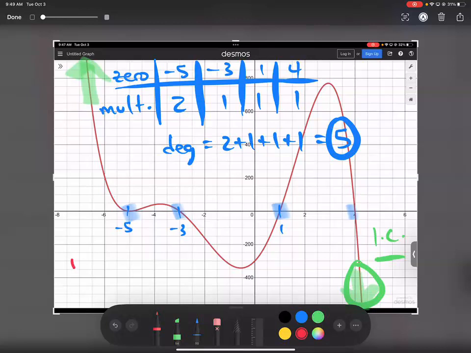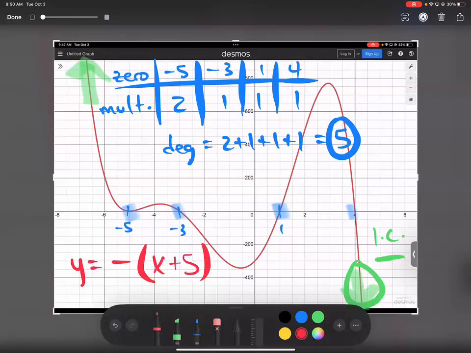So let's write it down then. Y equals negative. Each zero gets a factor, and each factor has a power according to its multiplicity, right? So x being -5 being a zero means that we get a factor that looks like x plus 5.